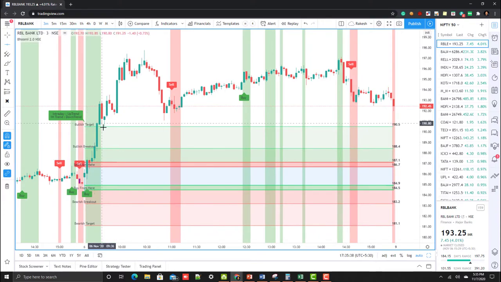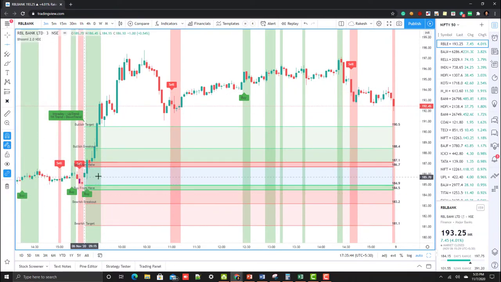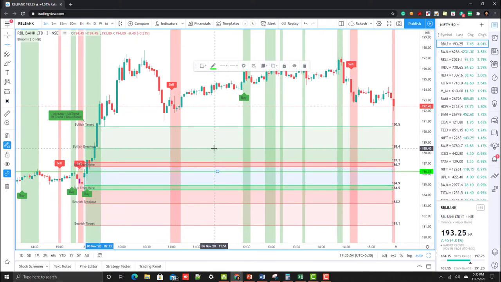Above sell from here, it's all bullish. So with the stop loss a few points below here, because the swing is too far, so a few points, less than half of this candle. Let me remove the magnet mode. Yeah, so somewhere here you put your stop loss and trade this for target 1, 188.4, and 190.5 as your target 2.